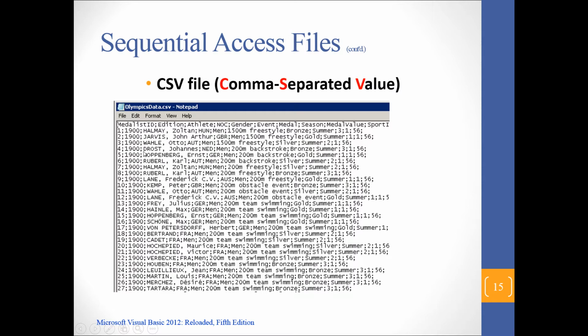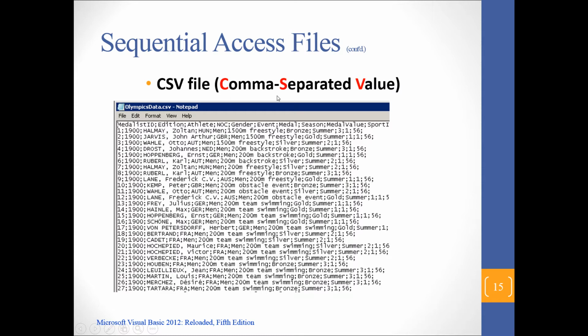So you have a record of information stored in a text file. In this format, if you count the fields, in this case it's not really comma, it's separated by a semicolon.